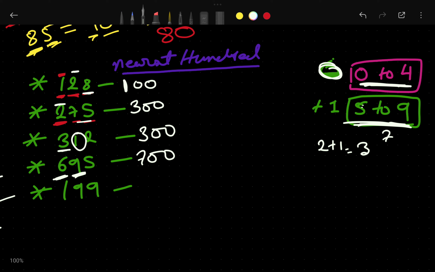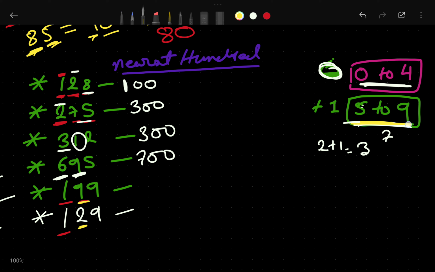But if it is from negative, okay, let me give you an example. Like this is 1, this is 2, this is 9. Then what will be the answer of this one? Let's see. This is 100, this is also 100. We have to see the near number of this. Then we have to look at the 9 and 2. So here 9 means plus 1.